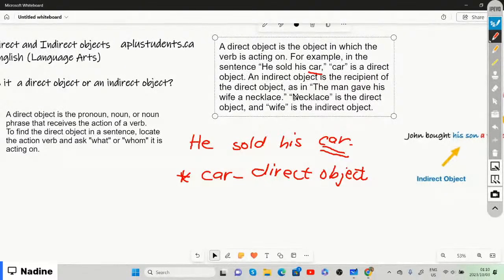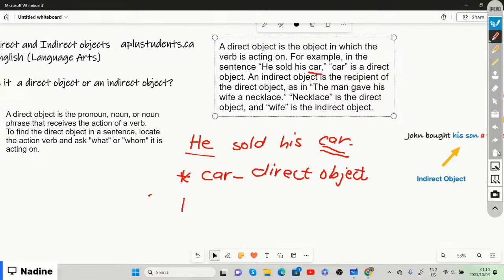It is something that was given, and the recipient is the wife, which means that in this case the indirect object is the wife.